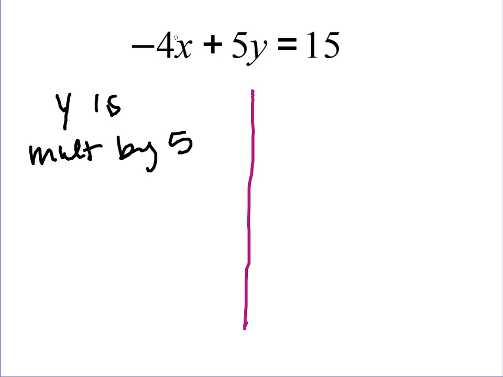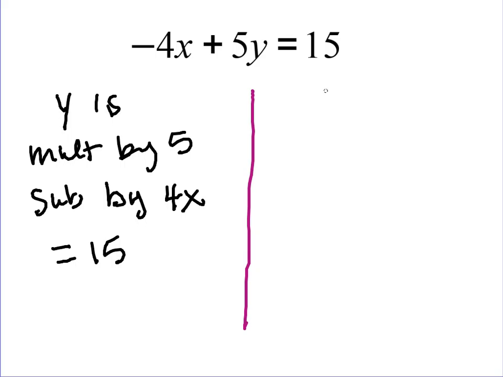With a negative in front of the 4x, we're going to say it's being subtracted by 4x to equal 15. So the reverse of that, 15 is being added to 4x, being divided by 5 to equal y.